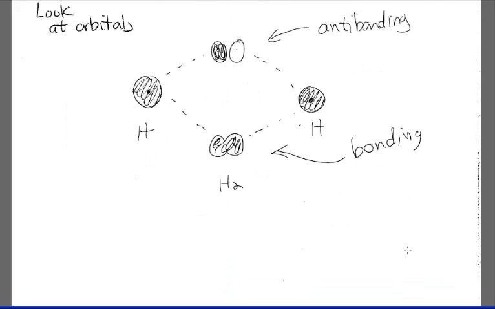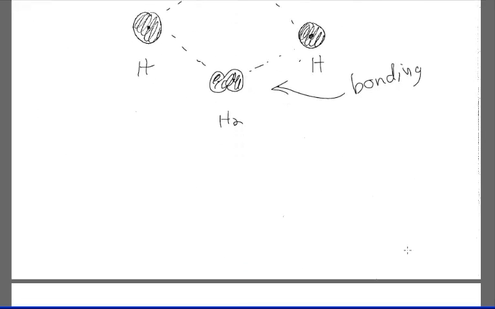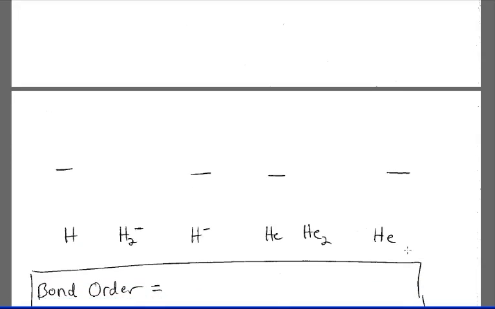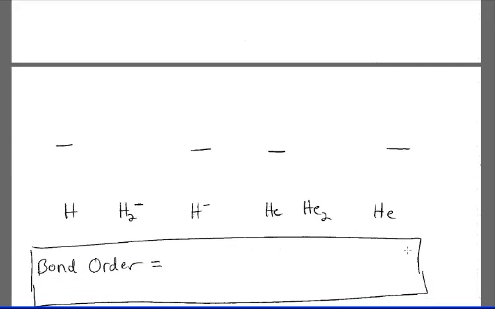All right, and we can use those same orbitals to fill with other numbers of electrons. So let's look at the same two orbitals, the sigma and the sigma star, that are formed from these atomic orbitals.